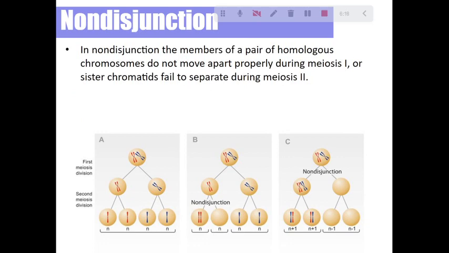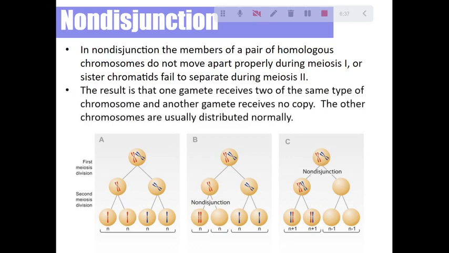In nondisjunction, the members of a pair of homologous chromosomes do not move apart properly during meiosis 1, or sister chromatids will fail to separate during meiosis 2. The result is that one gamete receives two of the same type of chromosome, and another gamete receives no copy.